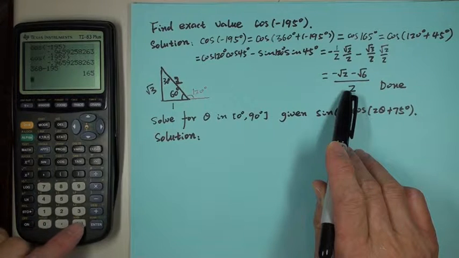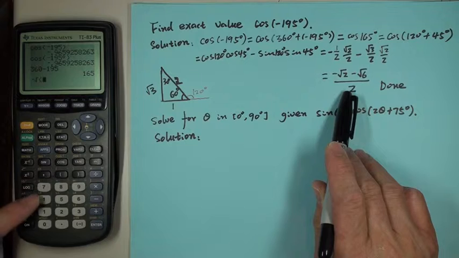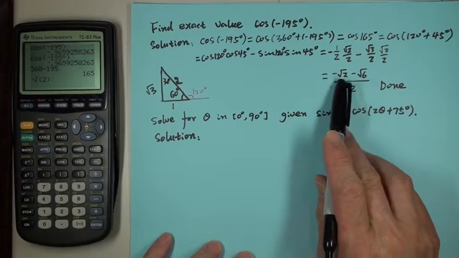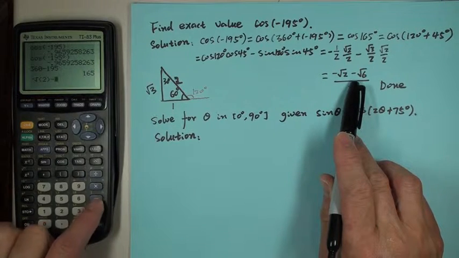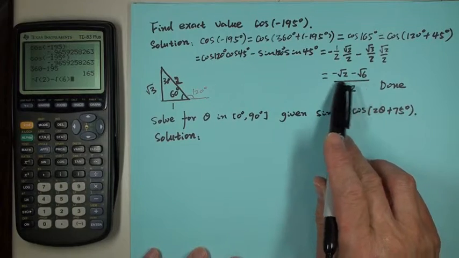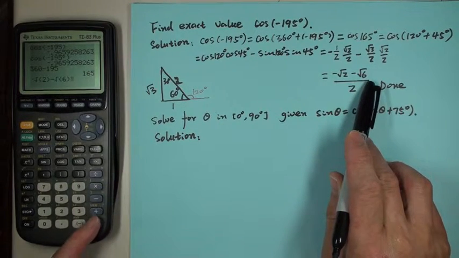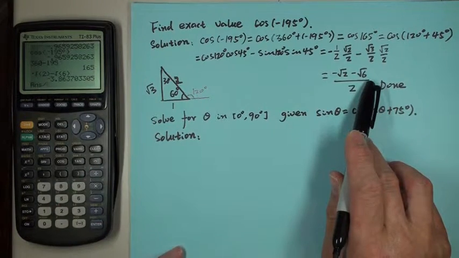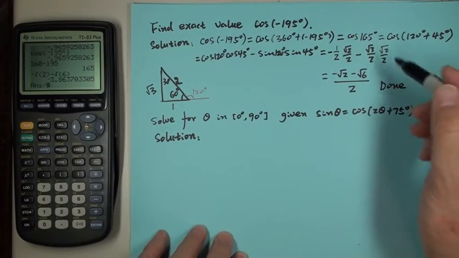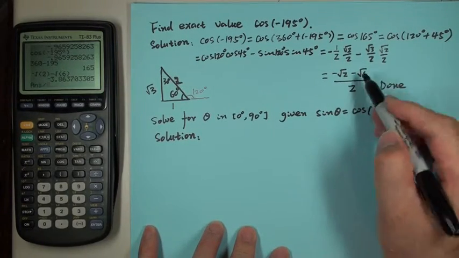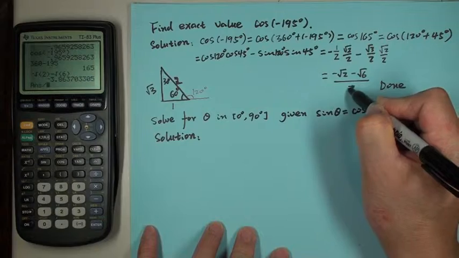So you see, negative radical 2 minus radical 6 is the numerator. And then if you divide this by, oh no, it's better to check: 2 times 2, the denominator is 4, right? I'm glad I checked.